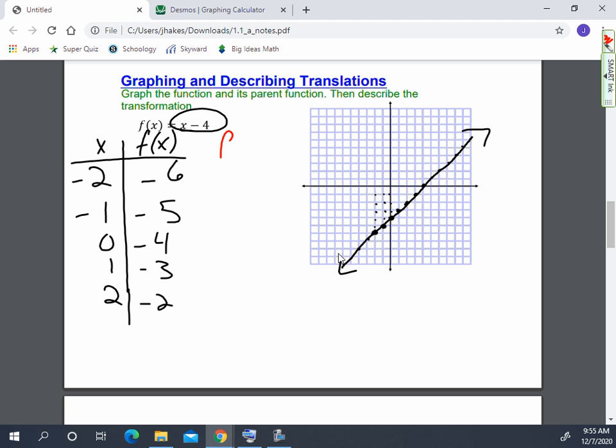And if you go up and look at its image, it goes right through the origin, and its slope is 1. So up 1 over 1, up 1 over 1. Very similar to this new line. Okay, so I'm going to graph.